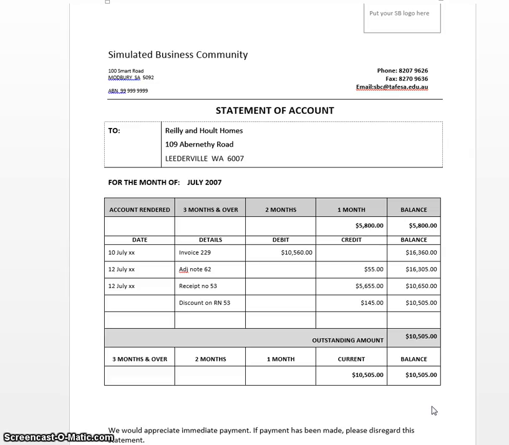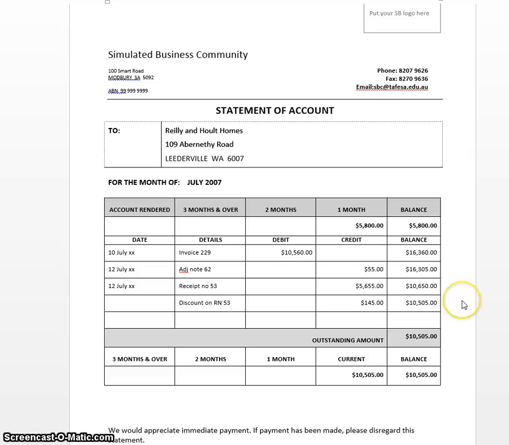A correctly issued statement should have the full name of the sender, including the address and the ABN. It should have the full name and address of the customer, the month to which the statement refers, and an opening balance, and if applicable, any outstanding amounts from previous months.